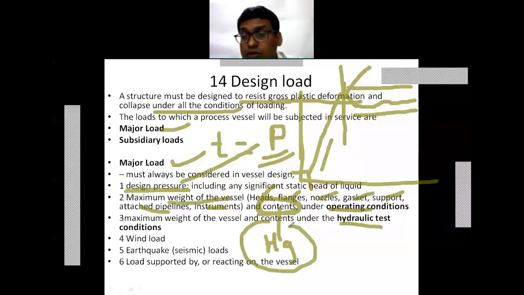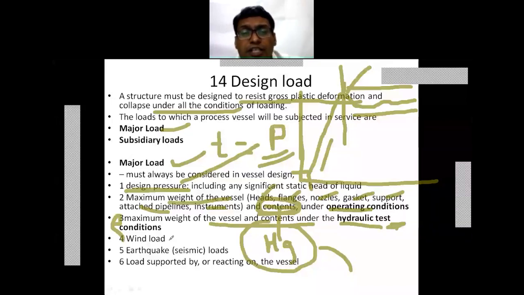So that is also to be taken into account. Then for the hydraulic tests, if it's a gas the density is very low, but we generally do the hydraulic testing with water. So that is to be taken into account.